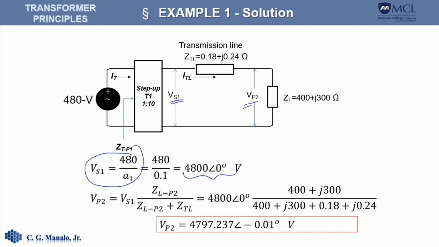We can compute for the primary voltage of the second transformer using the voltage divider. Okay, and that should give us this result.